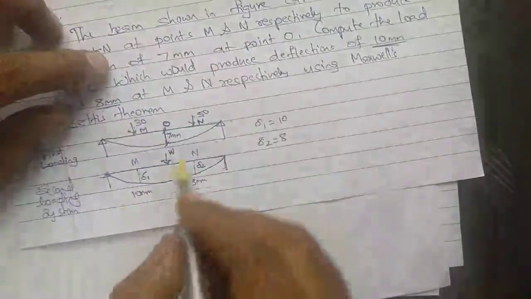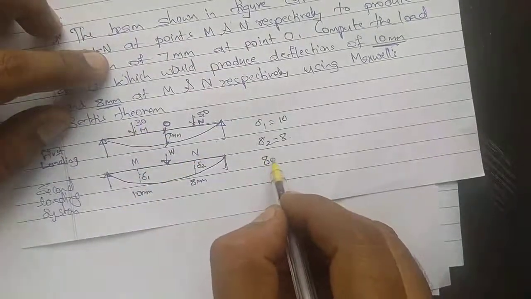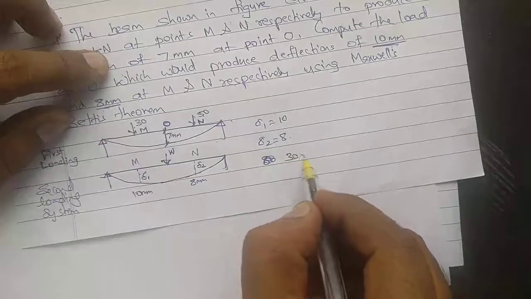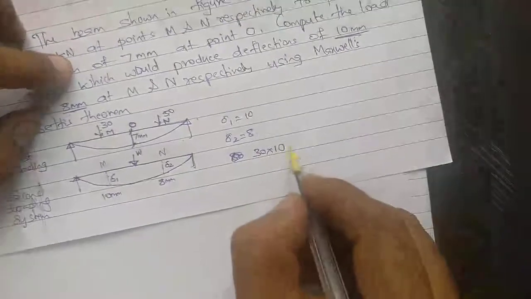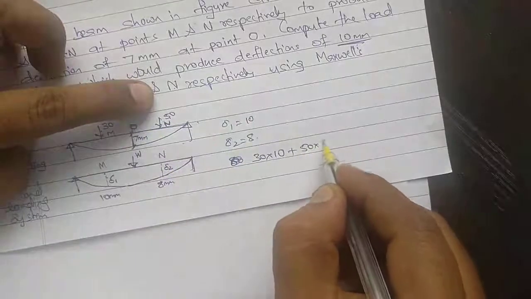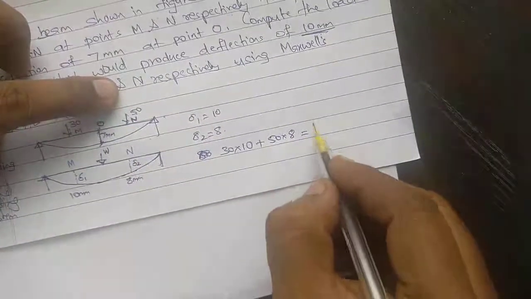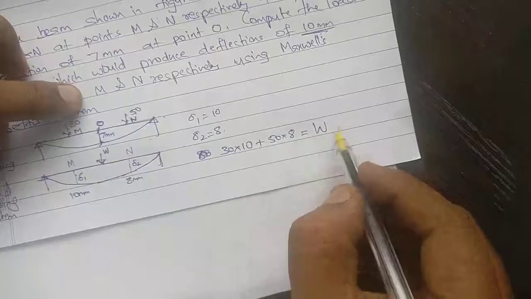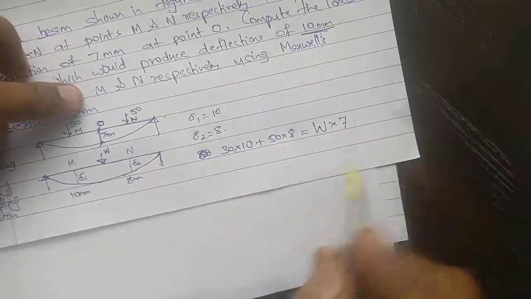So according to the formula, we have 30 into 10 plus 50 into 8 equals W into 7.